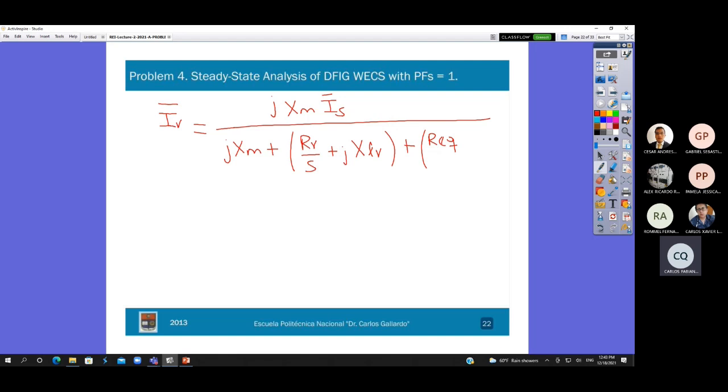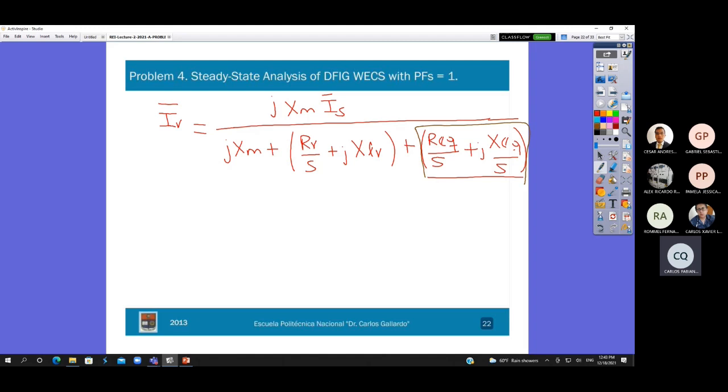This equivalent resistance and reactance is the model of the converter, right?